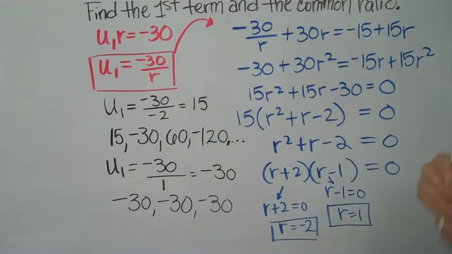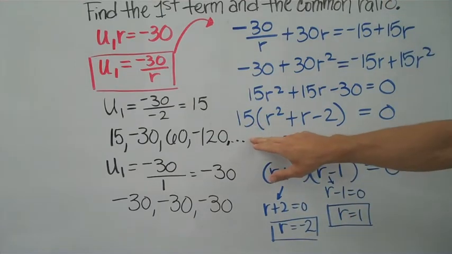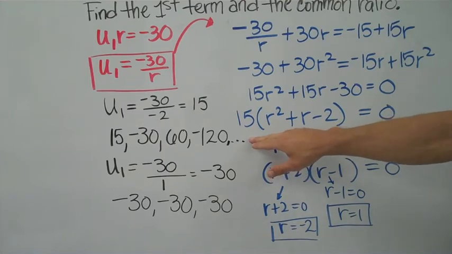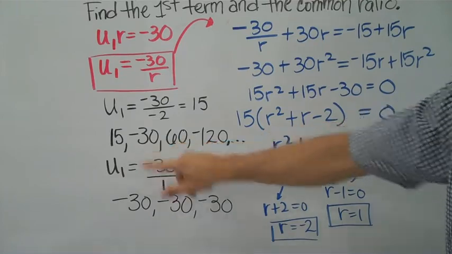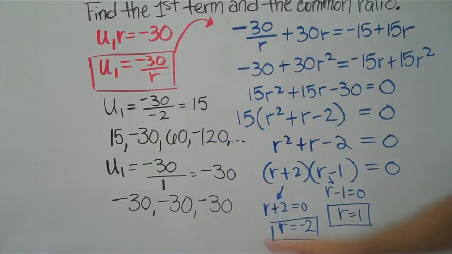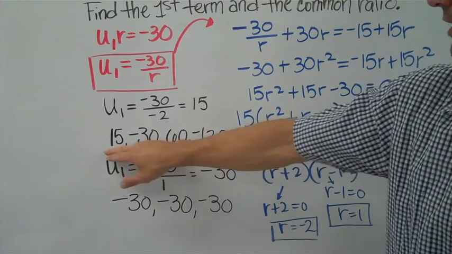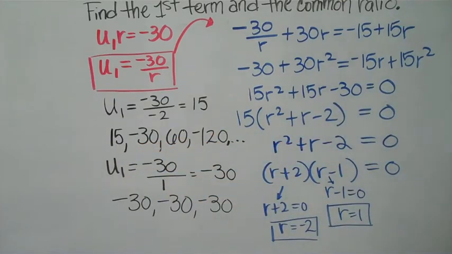Does that meet the conditions that we're supposed to satisfy? Meaning the second term is negative 30. Yes, our second term is negative 30. The sum of the first two terms is negative 15. Yes, 15 minus 30 is negative 15.